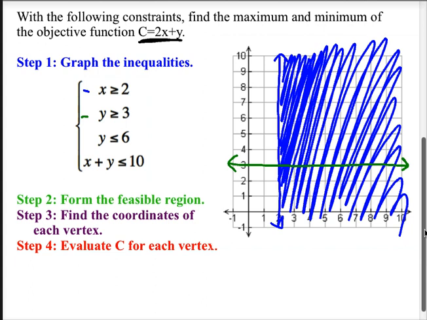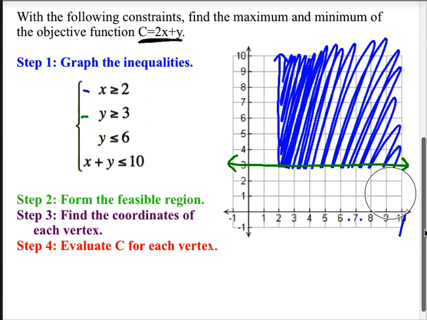So if I want greater than that line, it means I don't want anything that's less than it. So I'm going to erase anything I don't want. So that's kind of the strategy we're talking about here. Legitimately graph the first one, and then we're going to be erasing every time thereafter anything that we don't want.